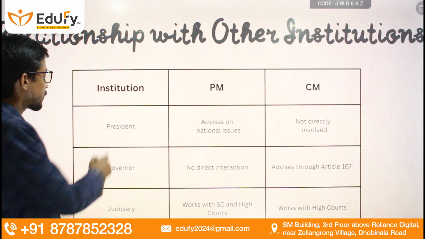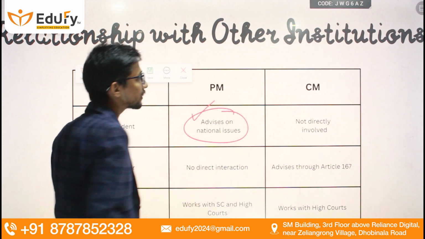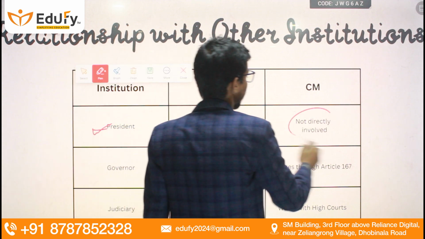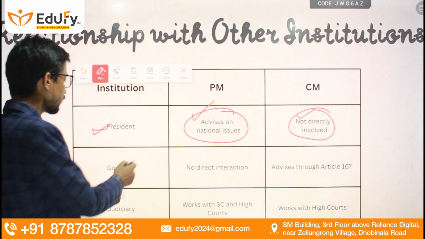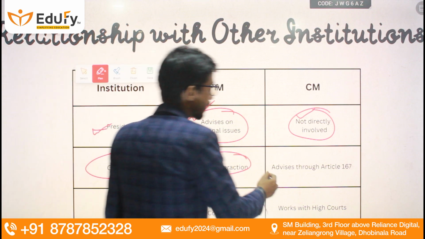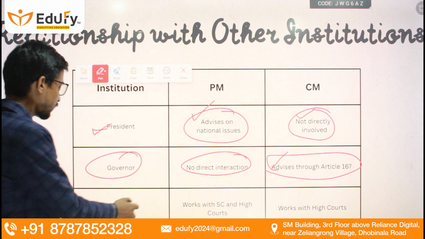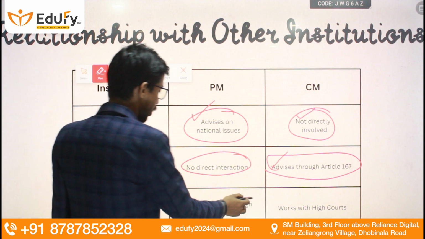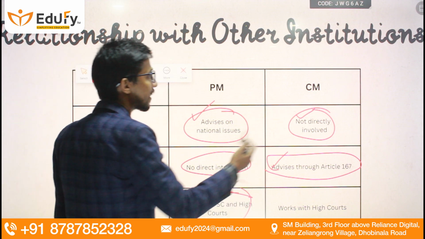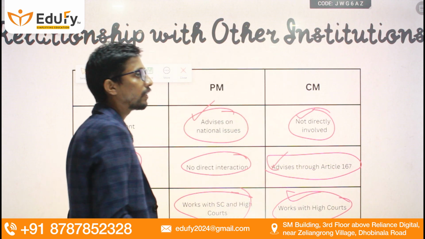Okay, guys, with President, PM advises on national issues, whereas CM is not directly involved. Governor has no direct interaction with the PM, whereas CM advises through Article 167. Judiciary, PM works with Supreme Court and High Court, whereas the CM works in most of the cases with High Courts only.